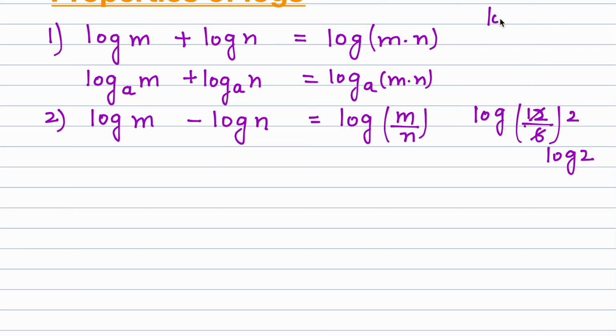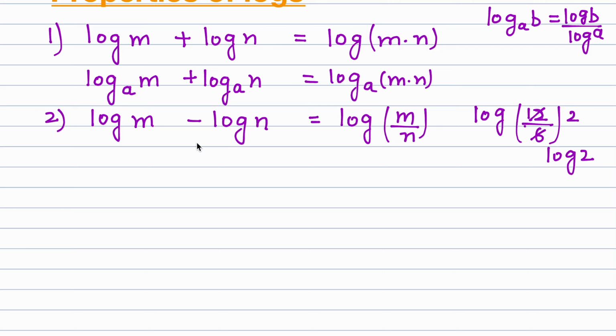While in the base rule, if it is log of a upon b, that was log of b upon log of a. Then you cannot cancel a and b if there is a common factor. But in this property, because there is a single log, you can cancel it. Keep this in mind.